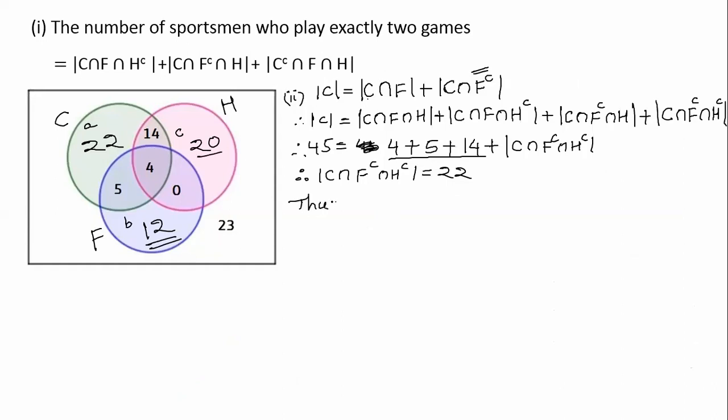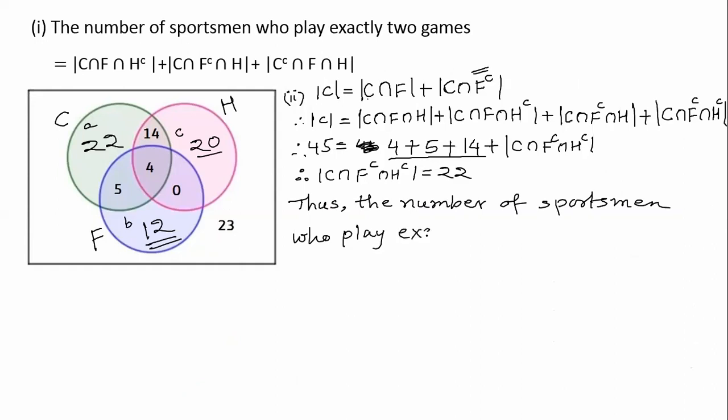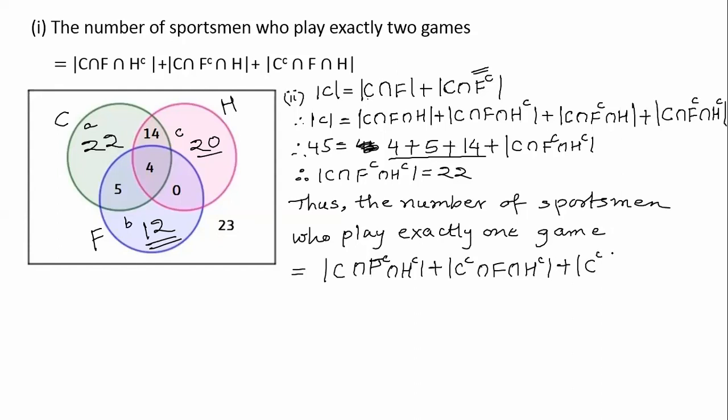And thus the number of sportsmen who play exactly one game is equal to the number of people who play only cricket plus the number of people who play only football plus the number of people who play only hockey, and this is equal to 22 plus 12 plus 20, and that is equal to 54. 54 is the answer.